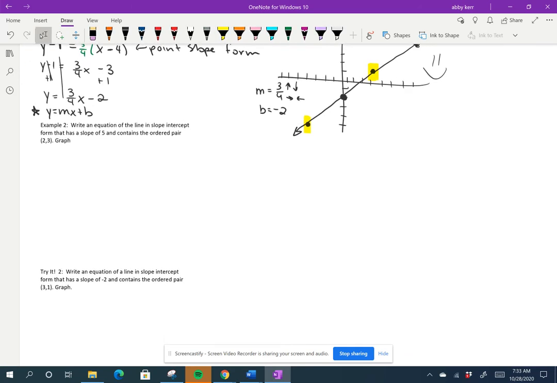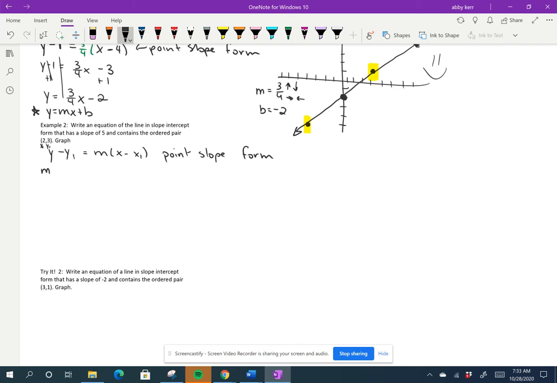All right, example 2. Example 2 is slightly easier because we give you the slope. So if we have the slope and an ordered pair, we can just do y minus y1 equals m times the quantity x minus x1. Remember, that is point slope form. And then we can just plug in the information that we have.